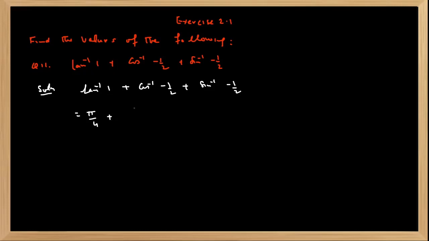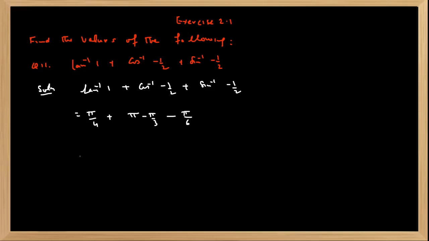Cos inverse minus half is an angle from 0 to pi whose cosine is minus half. That angle is in the second quadrant, which is pi minus pi/3. And similarly, sin inverse minus half is an angle between minus pi/2 to pi/2 whose sine is minus half, minus pi/6.